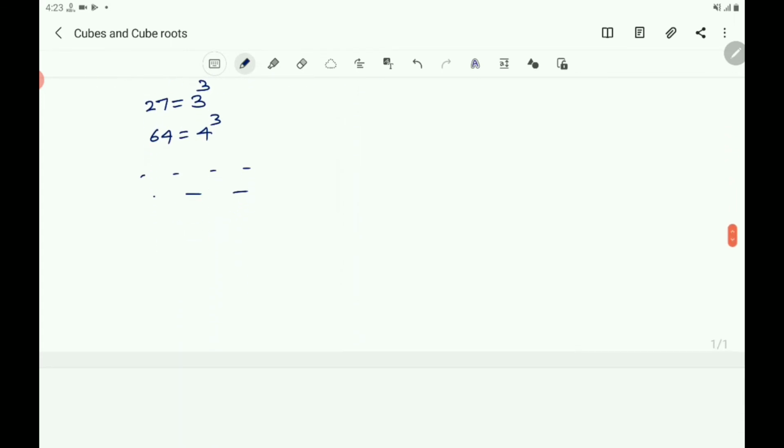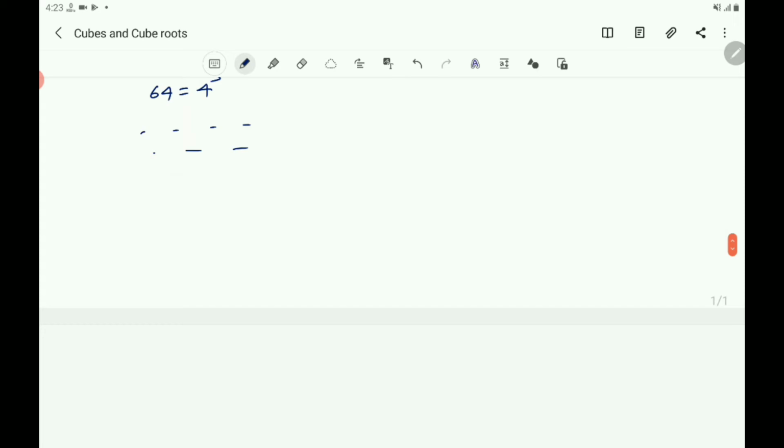So let us write some cube numbers. You can give examples of cube numbers. The first cube number is 1.